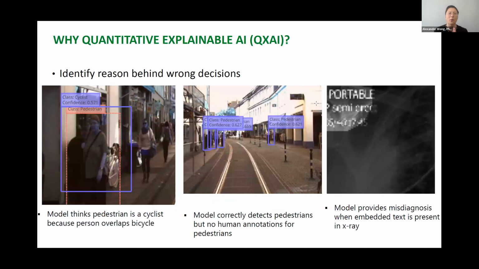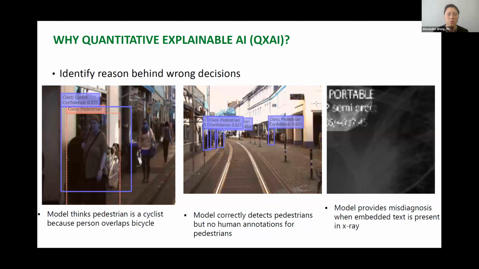Another reason why we want quantitative explainability is to identify the reasons behind wrong decisions. Here's an example that's non-medical, just to help give context. On the left-hand side, the explainable AI identified that there is an inherent problem here. The model thinks that this pedestrian, which is labeled as a pedestrian, is actually a cyclist.